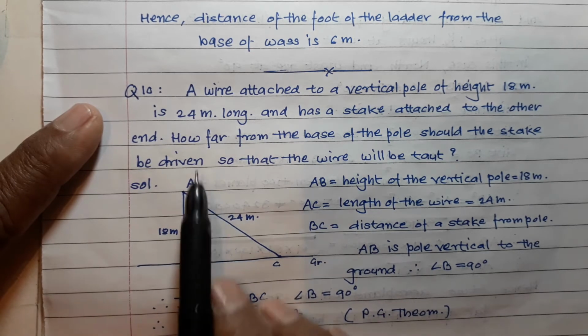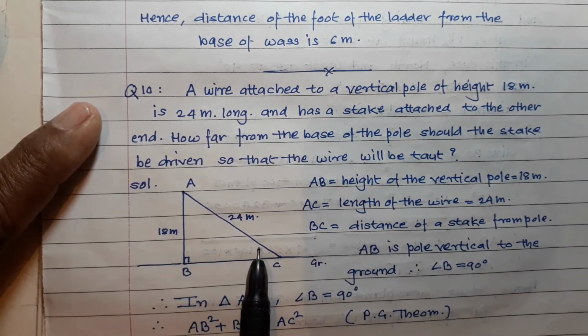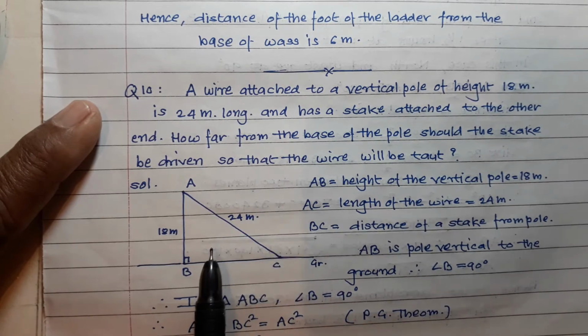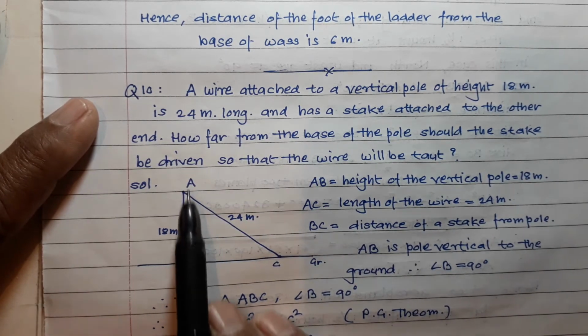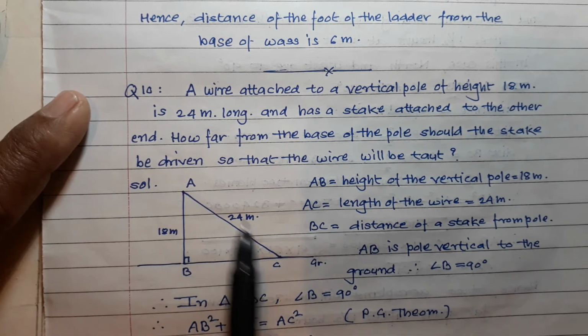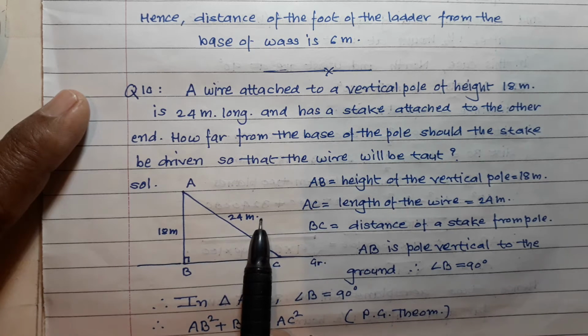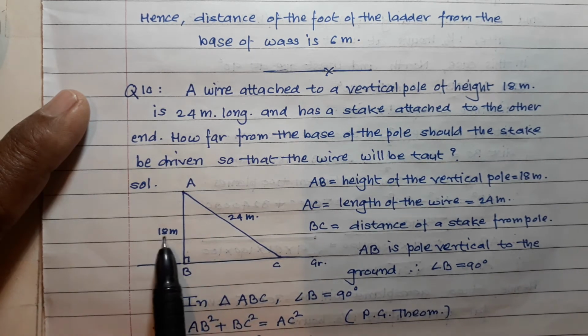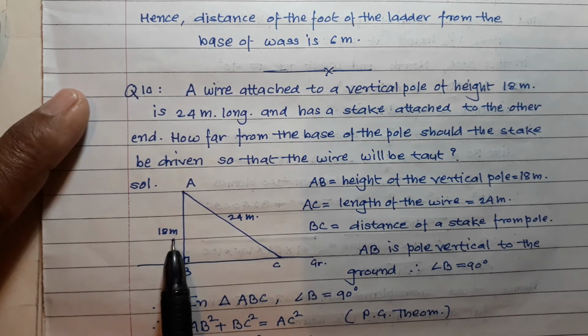Now, again, same thing, draw your figure according to given information. Now, this is a vertical pole, so this angle is equal to 90. This is ground level. This is a wire AC 24 meter, and this is a pole having height 18 meter.